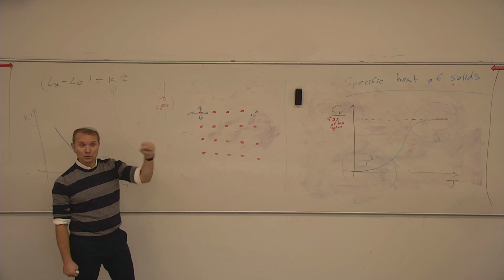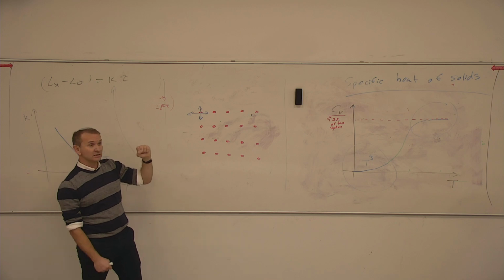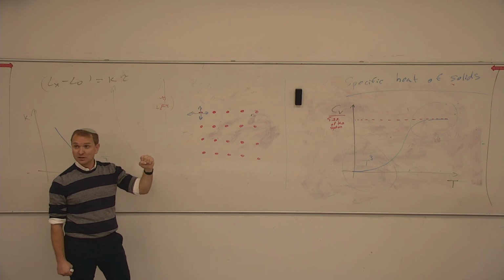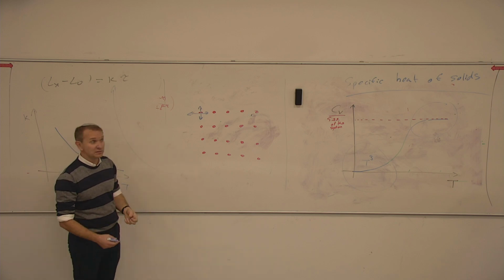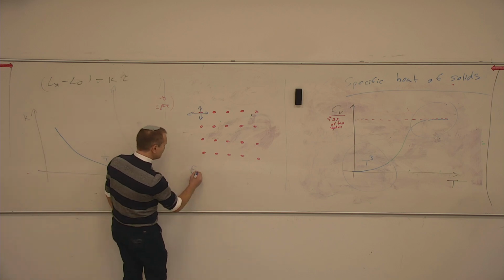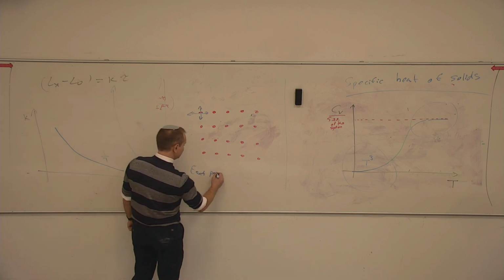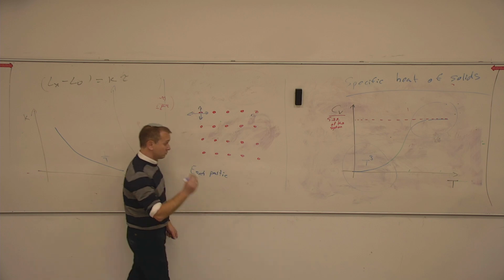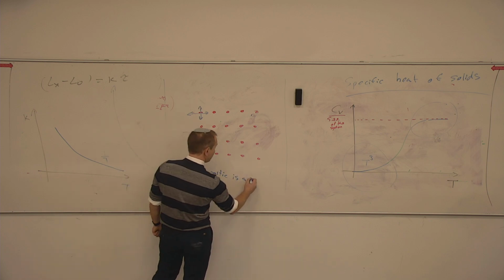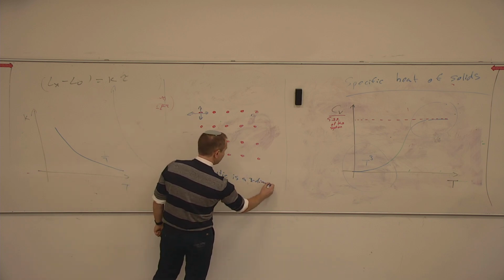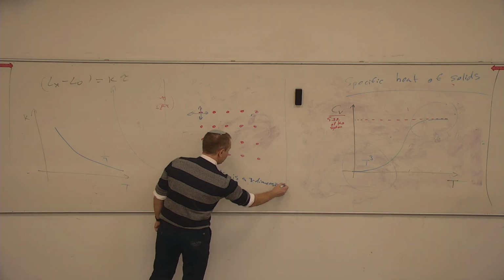Okay. So the more it oscillates, the hotter the system is, the less it oscillates, the cooler the system is. Okay. So each particle is a 3-dimensional oscillator.